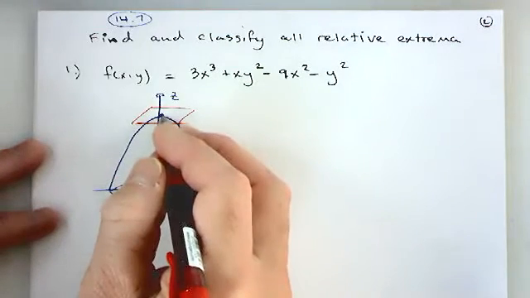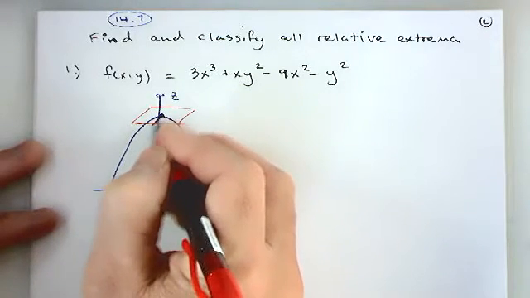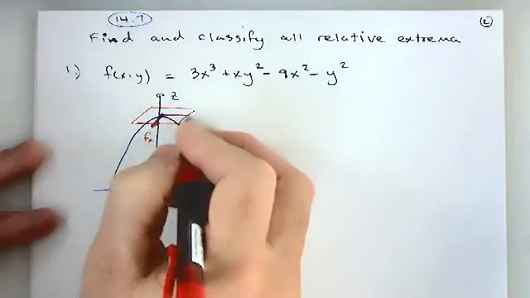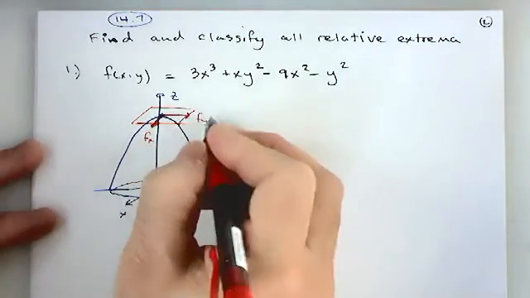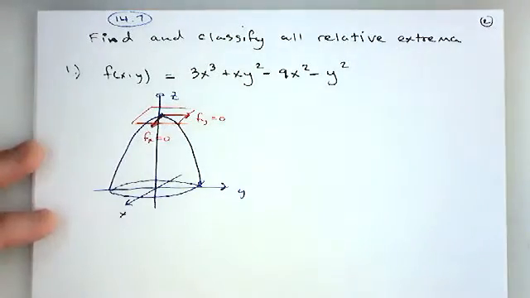At the top right here for you to be potentially at a maximum or a minimum. Now, what that also implies is we need to show that our slope in both the x direction and the y direction, both of those have to equal 0. They both have to be flat.